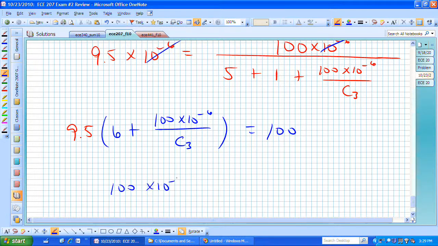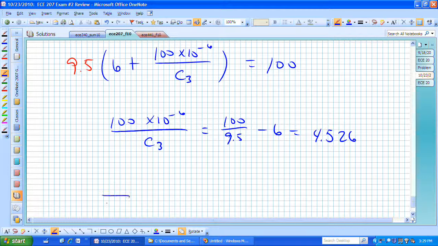So 100 times 10 to the minus 6 over C sub 3 is equal to 100 divided by 9.5 minus 6, which is now 4.526.